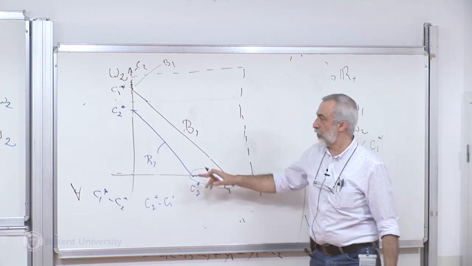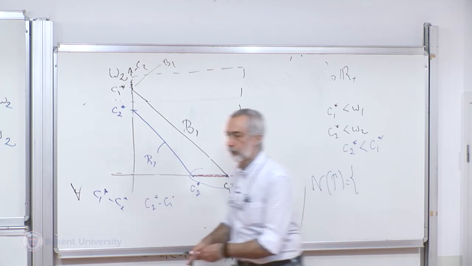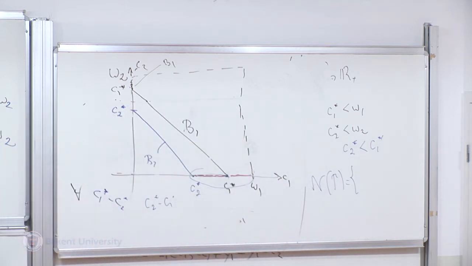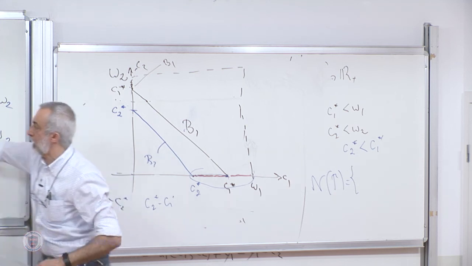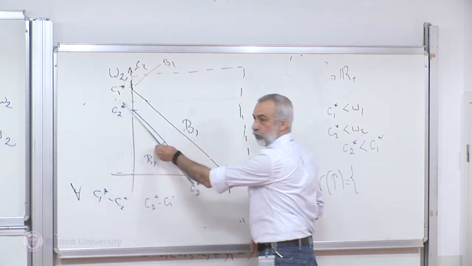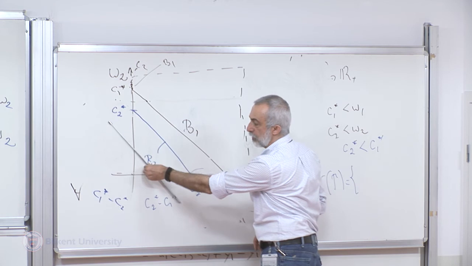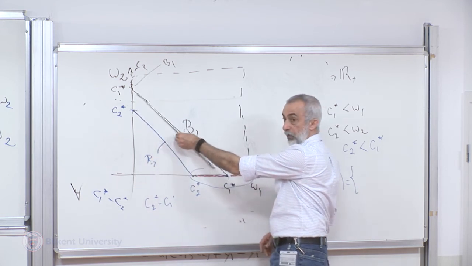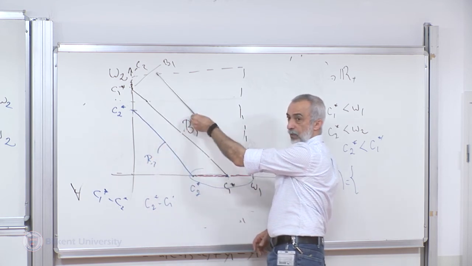Now when I was going to draw the best response of player 2, if there was no restriction, if I was just interested in this part, it's going to be a line like this. So it could be this line, or this line.